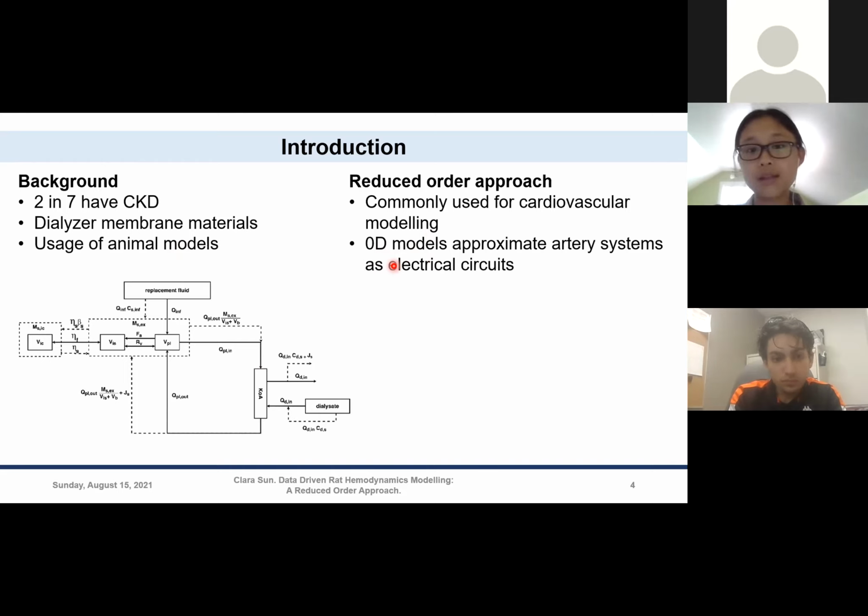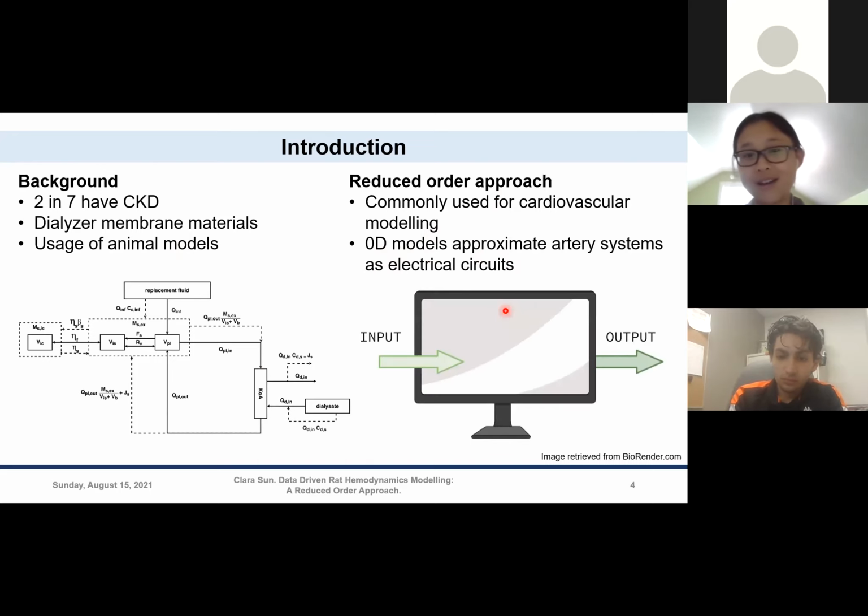We are building a 0D model which approximates the artery systems as electrical circuits, and reduced order models can often be more manageable to work with. The reduced approach is not quite as simple as input and output, but does make some assumptions to simplify structural models.